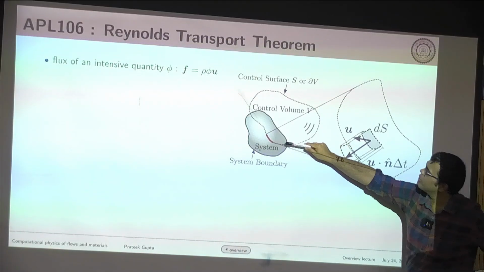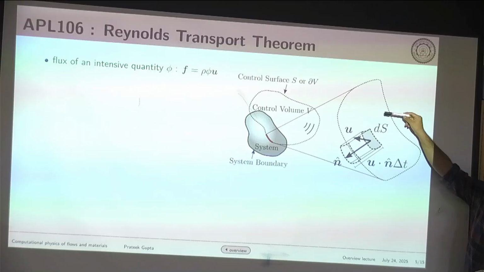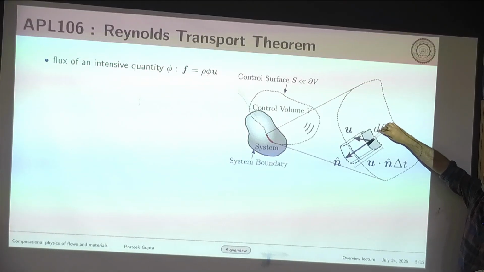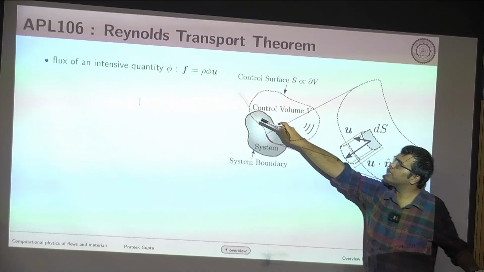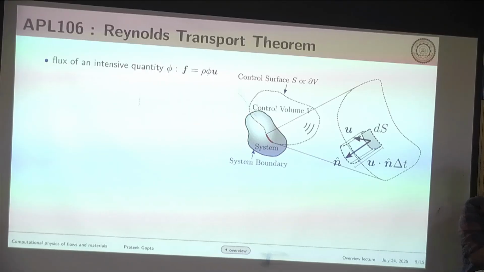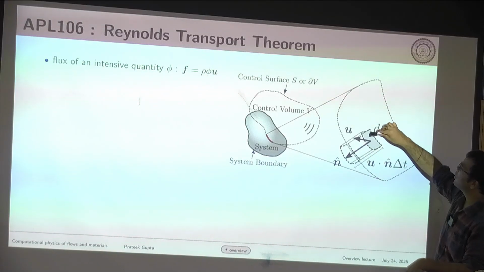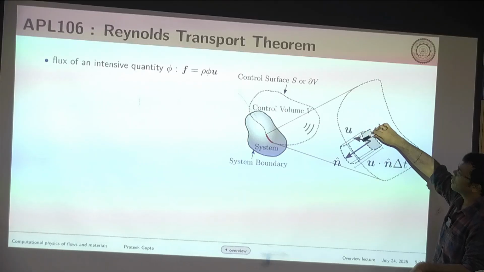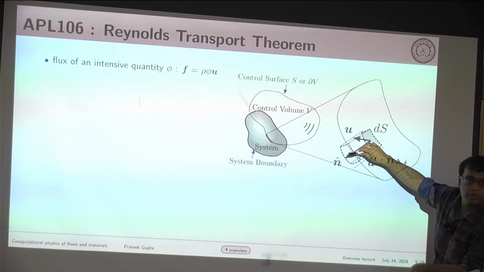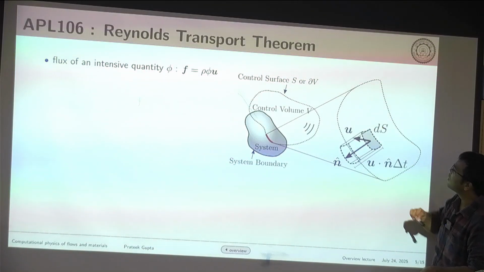And then you probably looked at a particular section of this control volume, you zoom in and then you can think of whatever the amount of this intensive quantity coming out of this control volume, that is what we use to define flux. So, this quantity, if you think it is coming with a velocity u, but of course, that u does not have to be perpendicular or locally normal to the surface. Let us say this is the local normal.